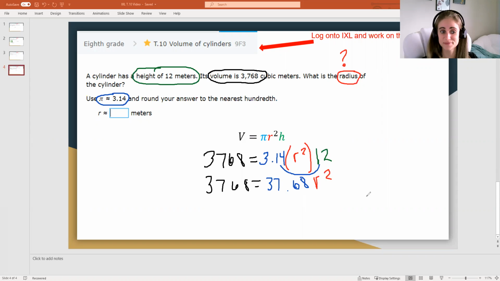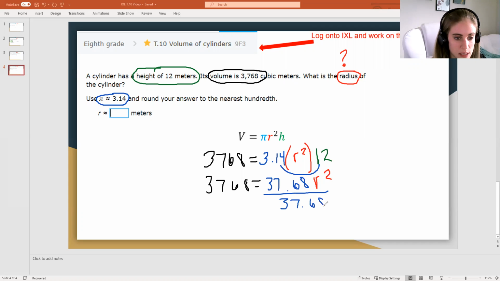All right, now we need to get our r by itself. What did we just do in that last problem? Divide. Let's divide both sides. Divide both sides by 37.68.